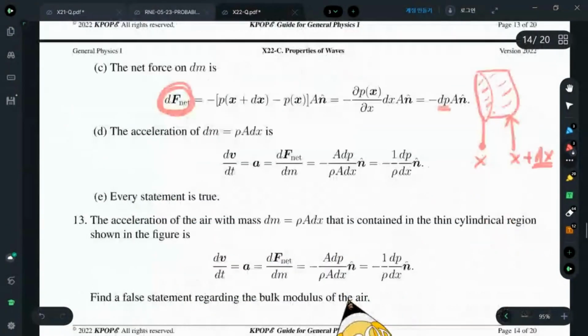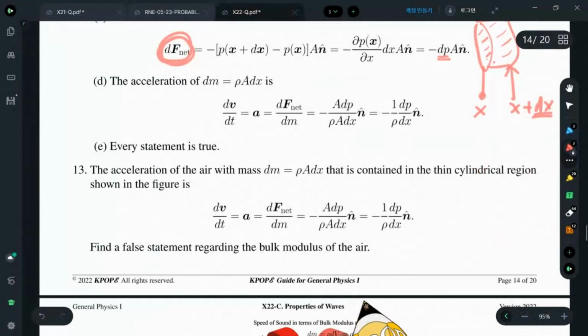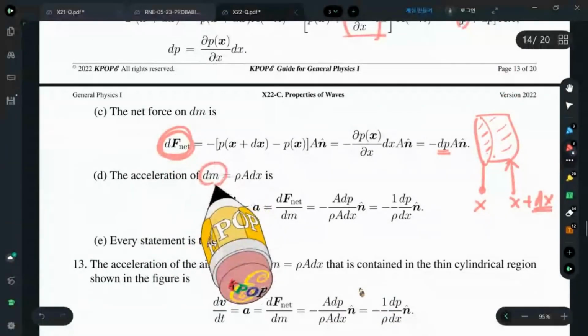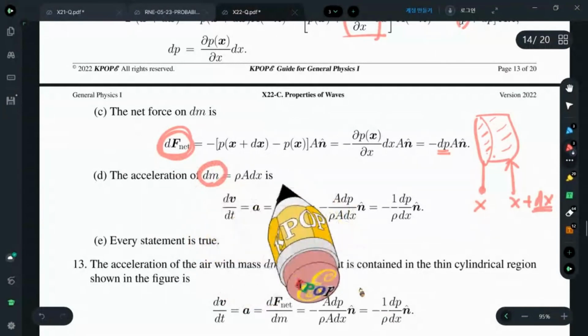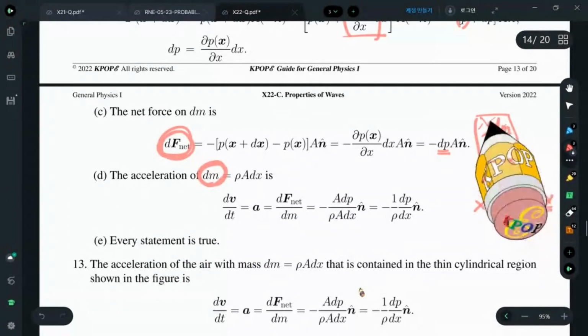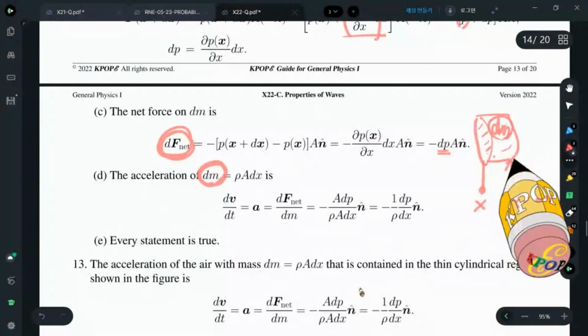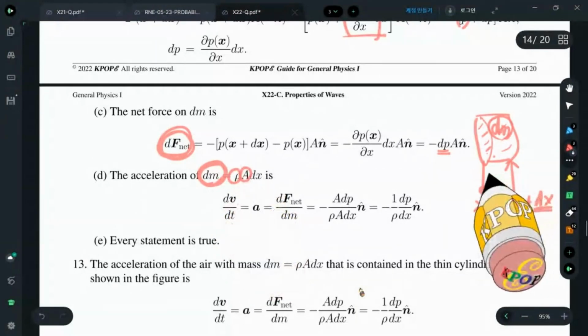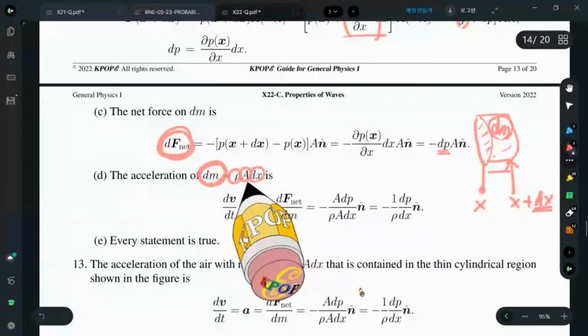All right. As a result, the mass contained in this tiny partition is density times cross-sectional area times thickness dx, right?